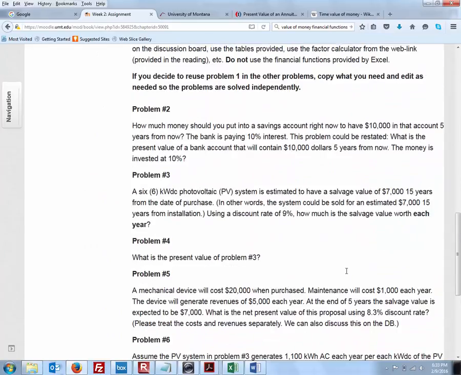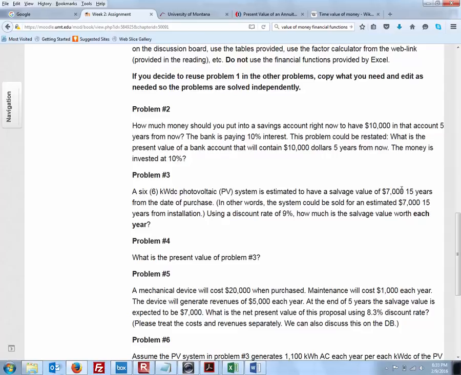A 6 kilowatt PV system is estimated to have a salvage value of $7,000, 15 years from the date of purchase. In other words, the system could be sold for an extra estimated $7,000, 15 years from installation.